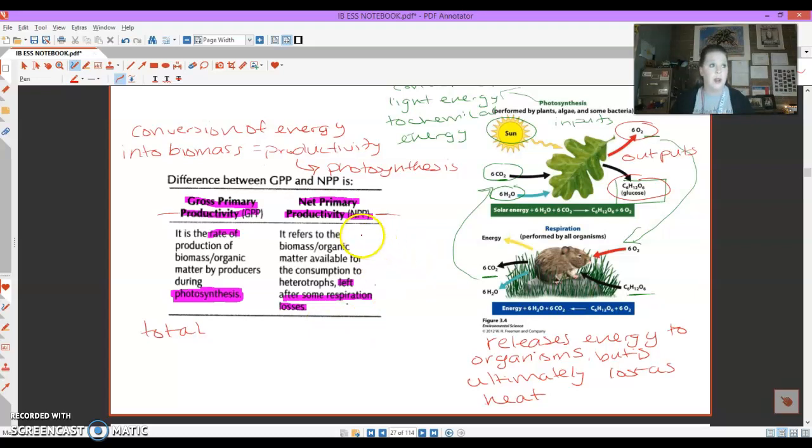Now with net primary productivity, we have to take into account respiration. Okay, so that is the impact of animals when we consume those producers. So the net is going to be the taxes taken out, essentially. So net primary productivity, NPP, is equal to the gross primary productivity minus the rate of respiration. So in the next video, we're going to be looking at this a little bit more in detail.